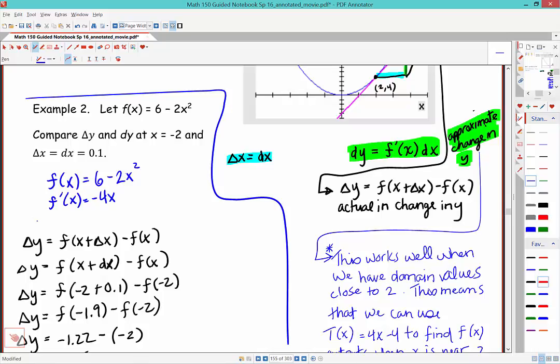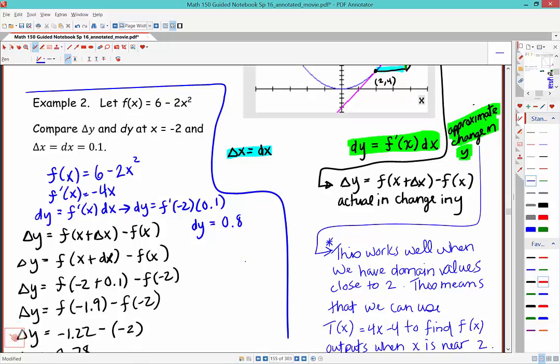So recall that dy from the right side there is equal to f prime at x times dx, which is going to give us dy equal to f prime at negative 2 times 0.1. So dy in comparison is going to equal, let's see, f prime at negative 2 is going to be positive 8. So we'll get 0.8.